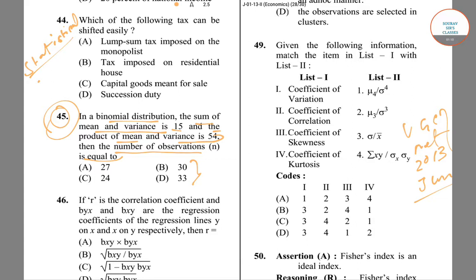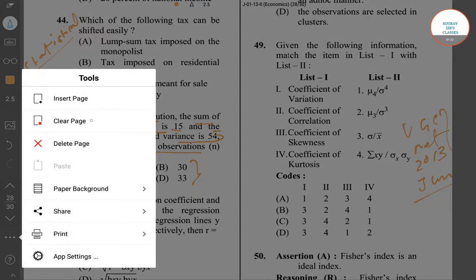So for this I will take another page. Here we have to write down that the mean in binomial distribution is given by n into p.